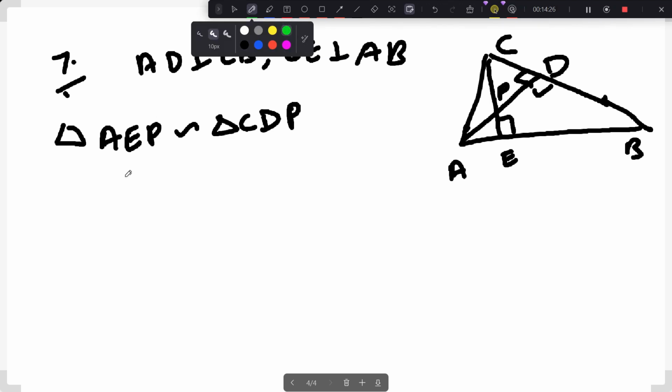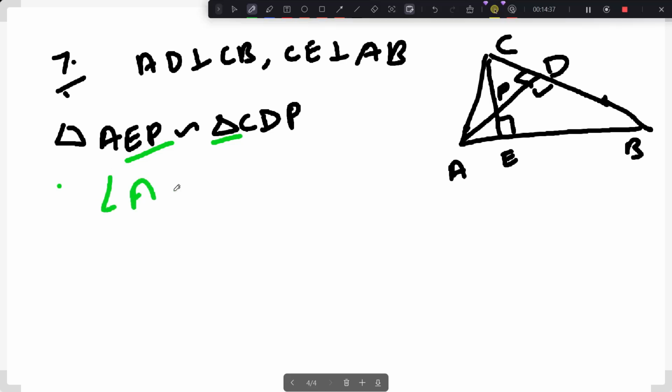Okay. So here we already know that angle AEP is equal to angle CDP is equal to 90 degrees. It's already given. So this angle is also already equal, and this angle is equal.